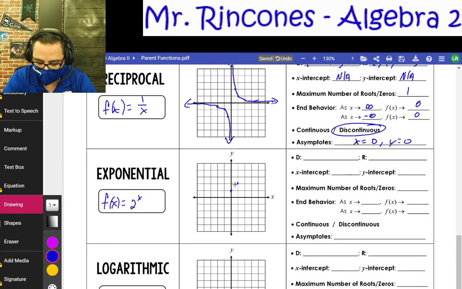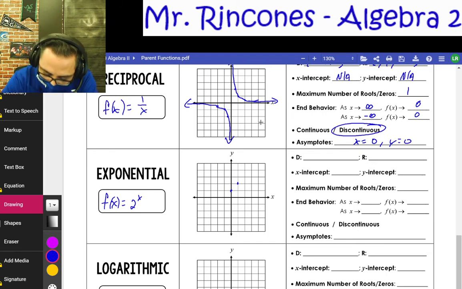what is that? 2 to the 1 is 2. 2 to the negative 1. Why am I drawing a blank? Let's take a look. So we're going to have 2 to the negative 1. It's 1/2.